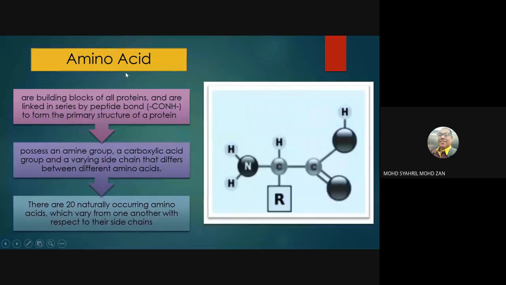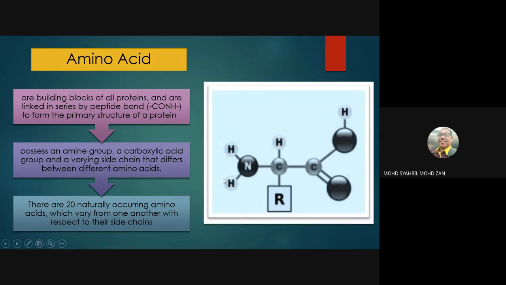Okay, we go to number one. What are amino acids? You will learn it further in the lecture next week. Amino acid is the building block of all proteins, linked together by peptide bonds. What does the peptide bond look like? CONH, to form the primary structure of proteins. Once I'm giving the lecture here, make sure you see the structure.